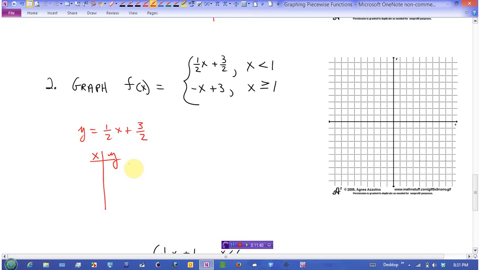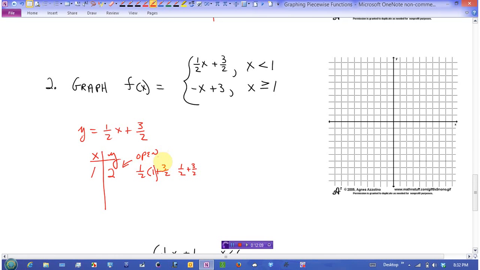If I plug in a value of 1 for x, I'm going to get 1/2 times 1 plus 3/2. So that would be 1/2 plus 3/2 is 4/2. That would be 2. And that's going to be an open dot because there's no equal to sign.